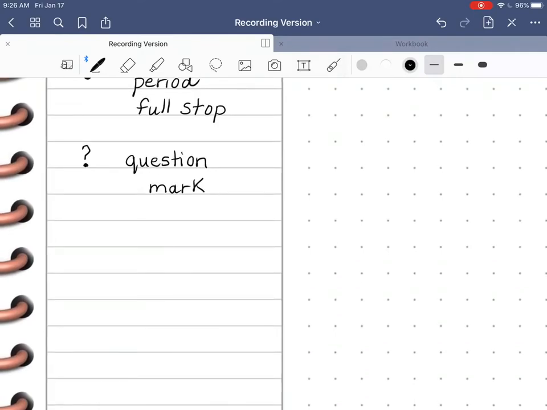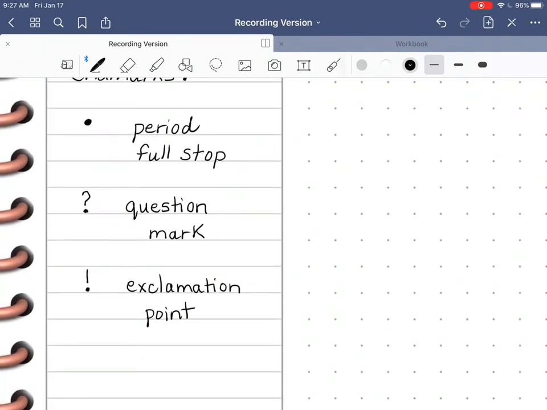And then the third and final one is this one. It's called an exclamation point or an exclamation mark. I learned it as point, so that's what I will say, I'm sure, without thinking. The exclamation point. So there are our 3 choices to stop a sentence.